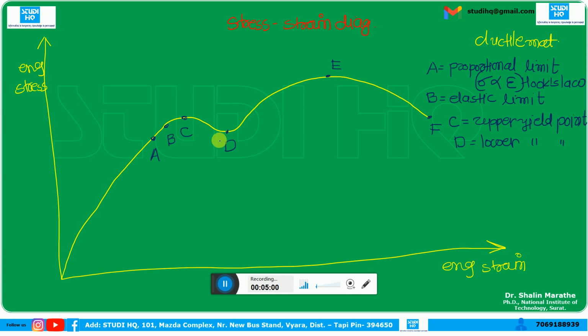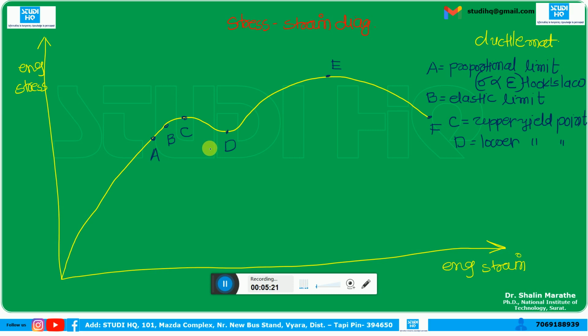And that's why when we design any component using ductile material, for design purposes we use D as the reference. So the lower yield point is considered as the maximum allowable stress for the ductile material.